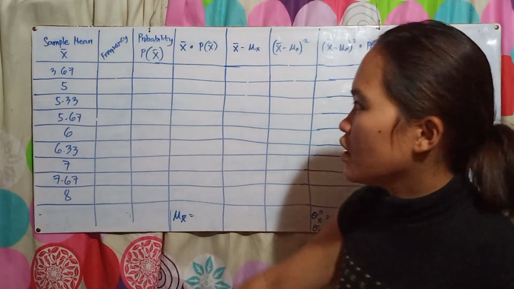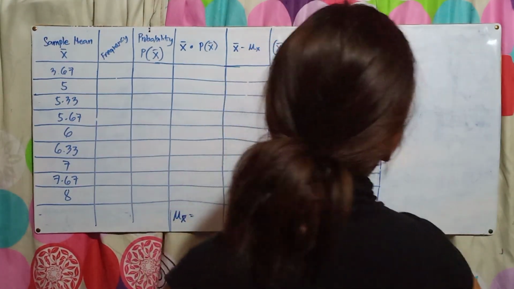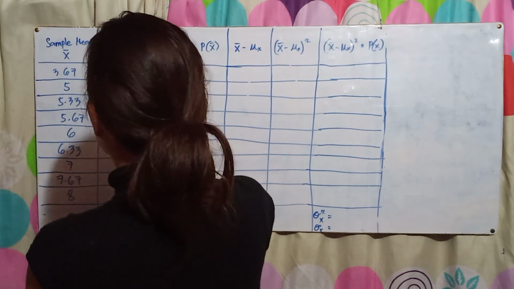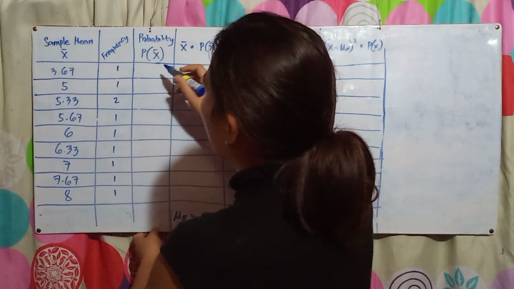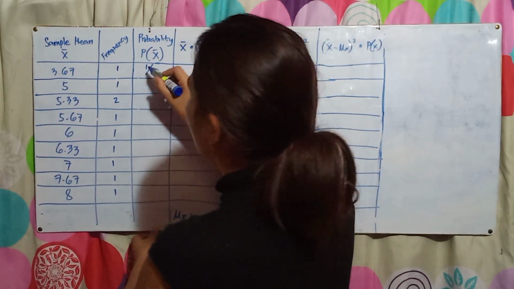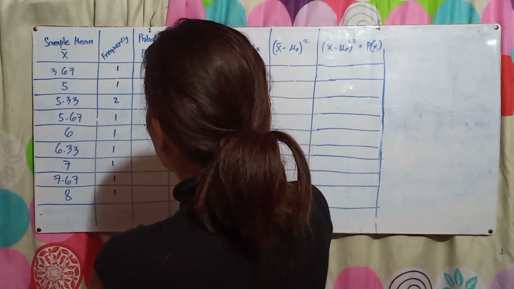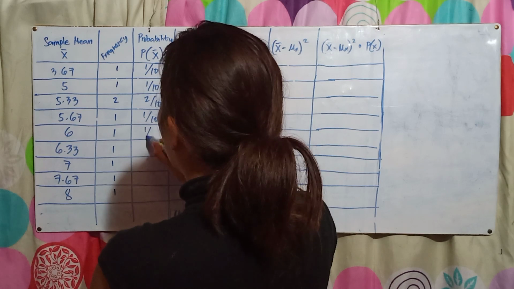So this is our sample mean. Frequency is 1, 1, 2, 1, 1, 1, 1, 1, 1. So probability is 1 over 10, since we have 10 possible samples, 2 over 10 for the one with frequency 2.